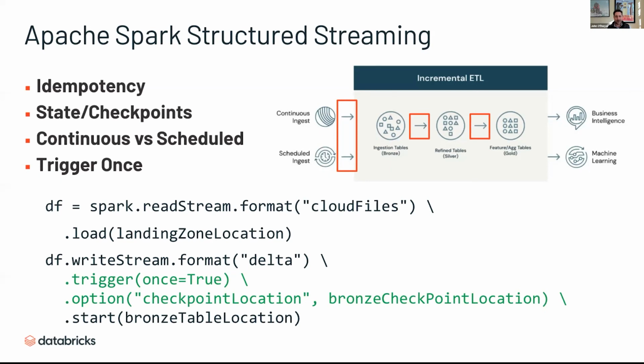And how you do that is the use of trigger once. Trigger once is the first green line here. You don't have to put this in. If you don't, this combination of a read stream and write stream will be continuous, and it will just continue to go, and it won't identify to shut itself down.